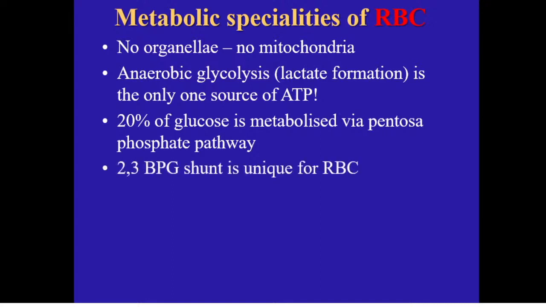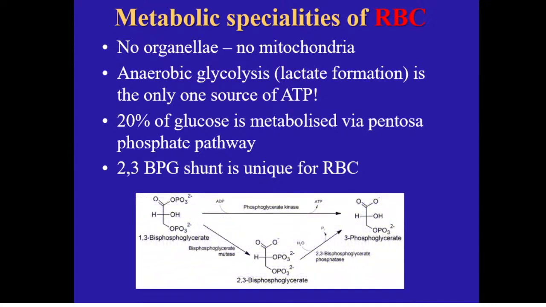And finally, a very important reaction that is present only in red blood cells. This is the formation of 2,3-bisphosphoglycerate. Write these reactions. You can see the phosphoglycerate kinase reaction from the glycolytic pathway.